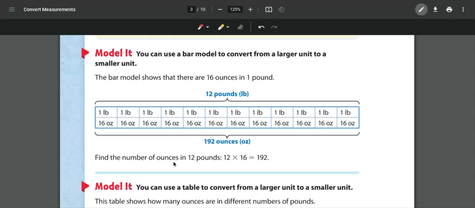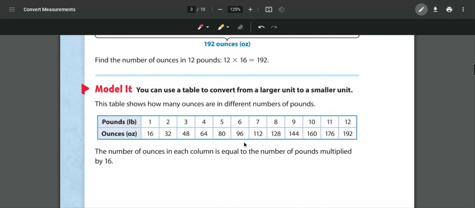So find the number of ounces in 12 pounds. You need to multiply 12 by 16 because you have 16 ounces per pound, right? So if you have 16 ounces per pound and you have 12 pounds, then you have 192 ounces because you just add them all up or you just multiply.